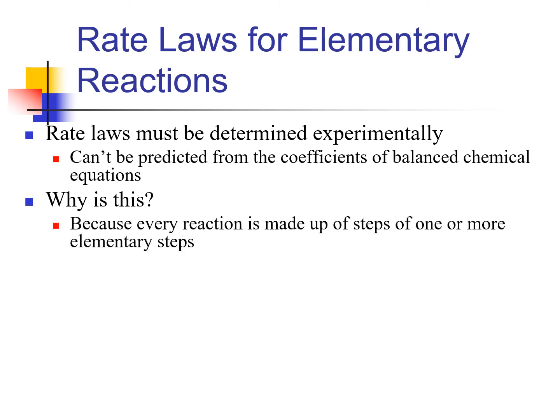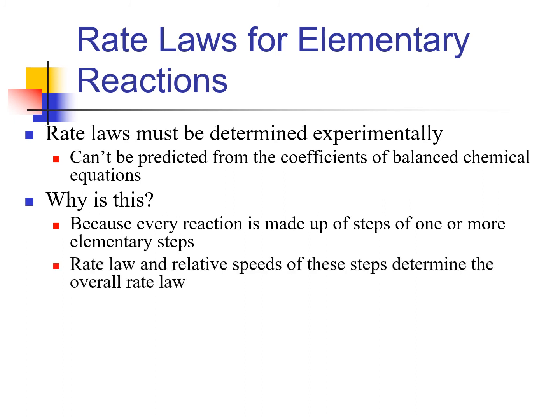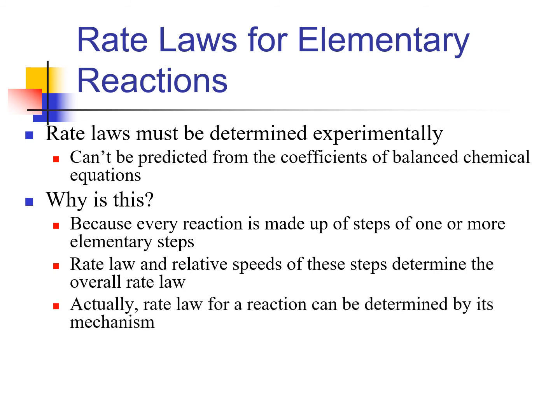The reason we can't use the balanced equation is because the overall equation is made up of those multiple elementary steps, and those screw everything up, because the rate law of the individual steps determines the overall rate law, not the overall equation. But we can use the mechanism to find the rate law if you know the steps.